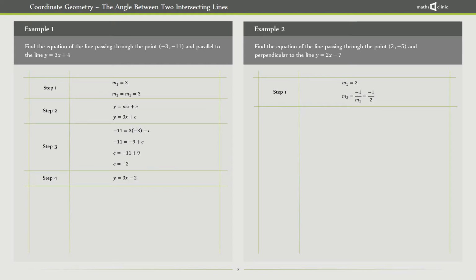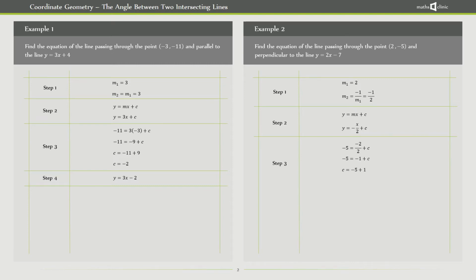Now we have the gradient and a point that the line passes through, so we can go ahead and solve for the equation of this line. Step 2: y = mx + c, i.e. y = -x/2 + c. Then we substitute the point into the formula: -5 = -2/2 + c.